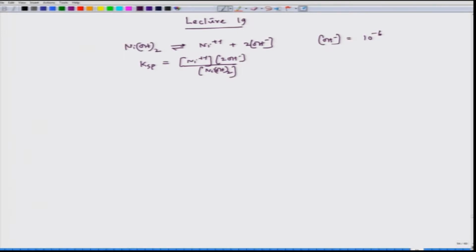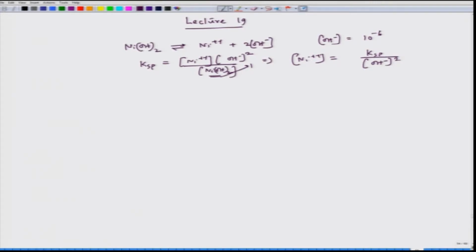So, now this is a solid product which is precipitating out, so we can consider it to be 1, and then we get the Ni++ ion concentration, which is Ksp divided by OH- ion concentration. So, here we made a mistake. This 2 should be here as a square, because we are considering the dissociation constant.